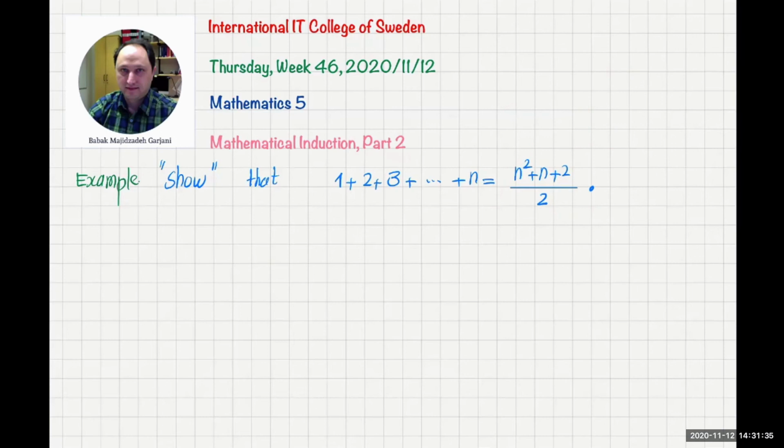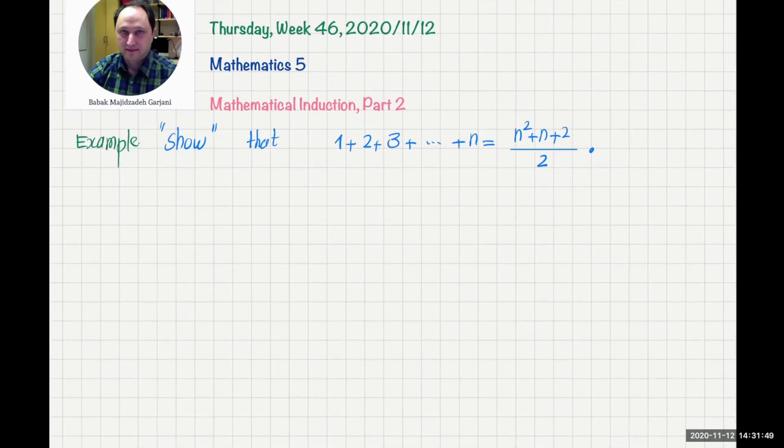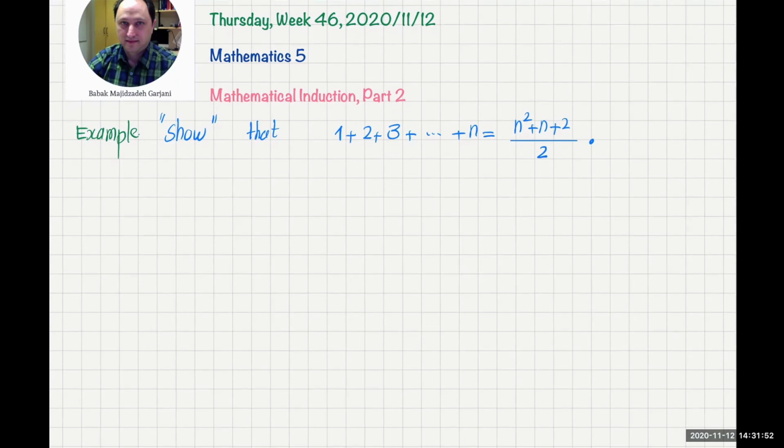But let me be careless and not check P1 explicitly. You see, I want to emphasize that checking P1 is really important. It's not just for decoration there, okay? So let me try and be careless. Now assume that I am a careless student. I don't care about P1. I would say that, okay, P1 is always true, so why should I bother to check that?